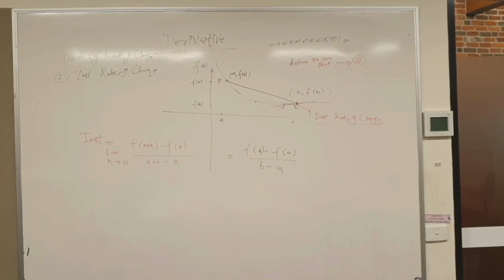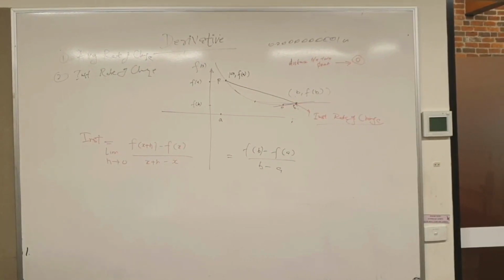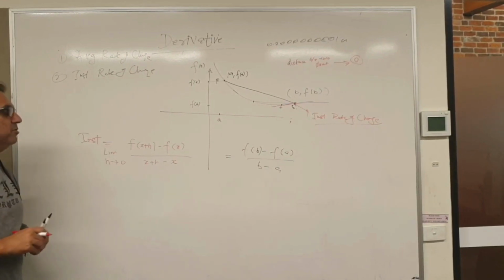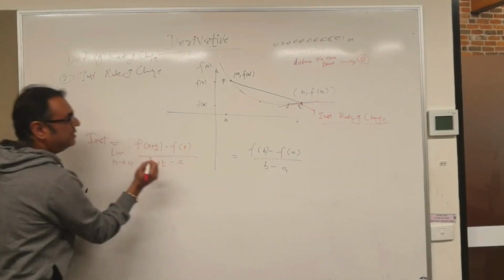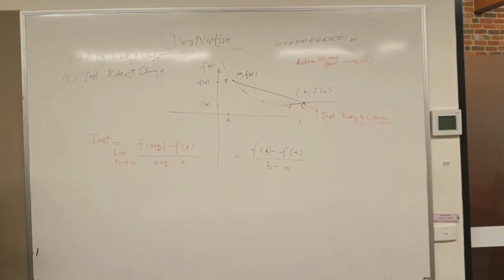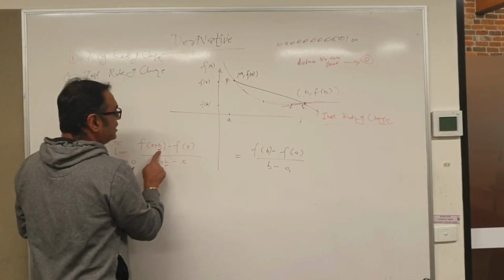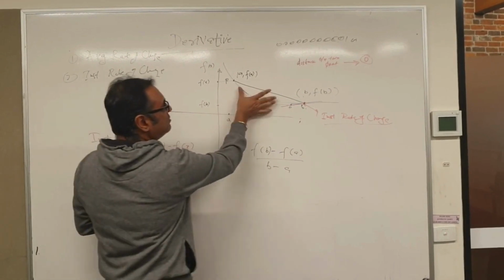Have you heard about first principle in differentiation? This is what first principle is all about. Now what is h? You can ask me. h is the distance between the 2 points.